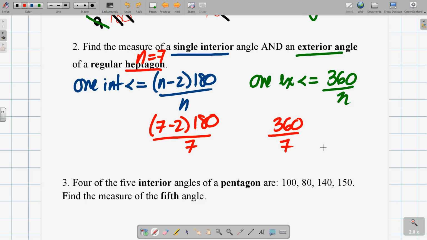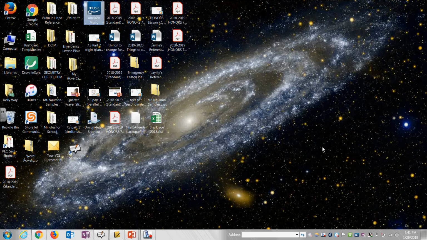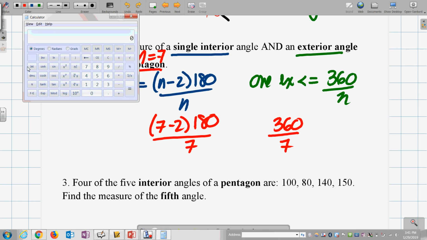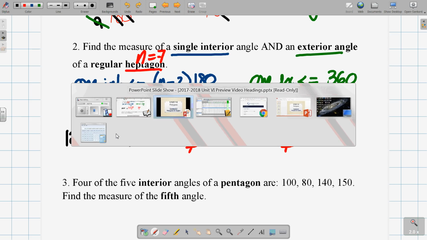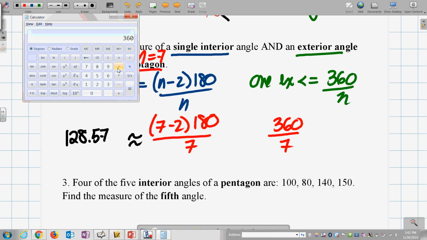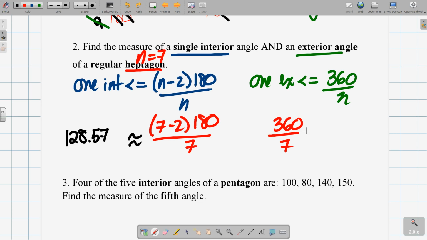Now, if you look carefully, because I know that 7 doesn't go into 180 or 360 evenly, I know it is a decimal, rather than forcing you guys to do that longhand. At this point, you can use a calculator. So I'm going to go 5 times 180 divided by 7. I'm going to take it to the second decimal place, 128.57. Then let's do 360. Second decimal place, 51.43.